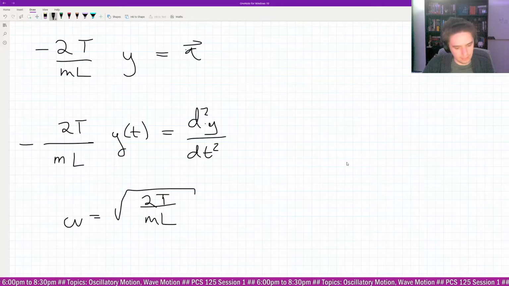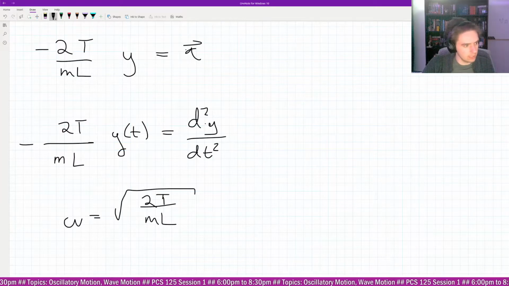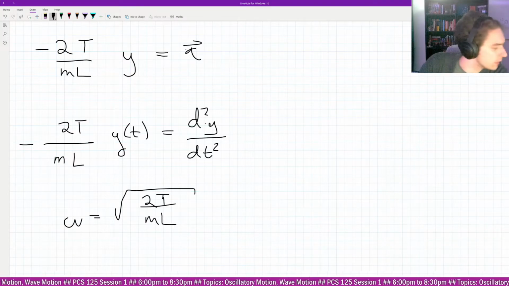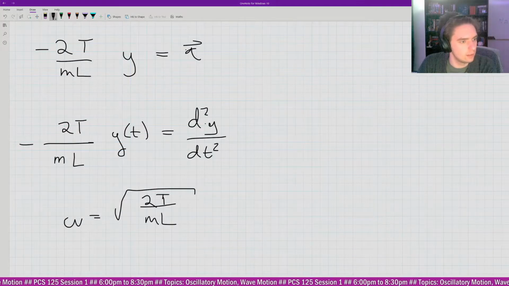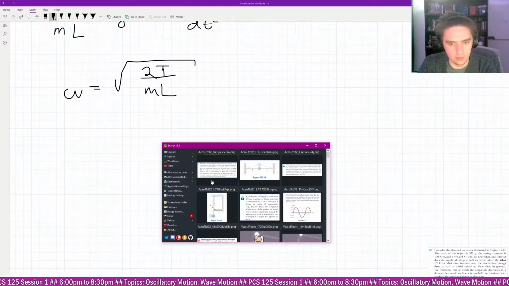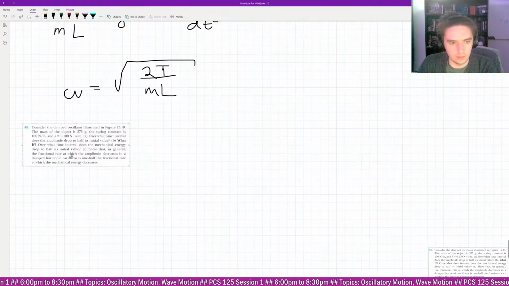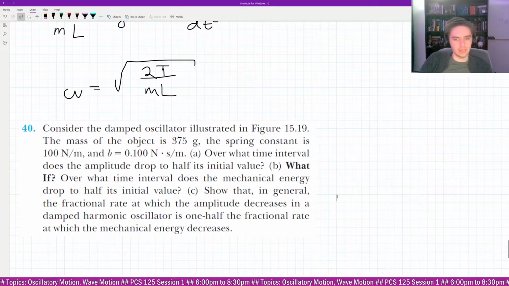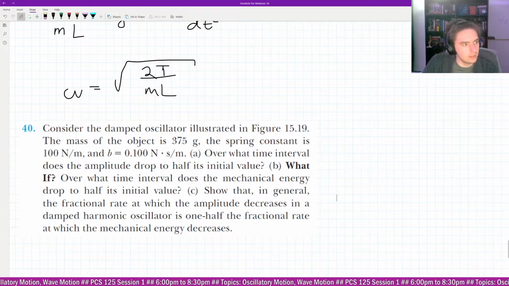Okay. Let's take a look at the next one, number 40. Unless anyone has any questions, I will answer. Okay, number 40. Consider the damped oscillator in figure 15.19. I have to go find that now. Hold on.